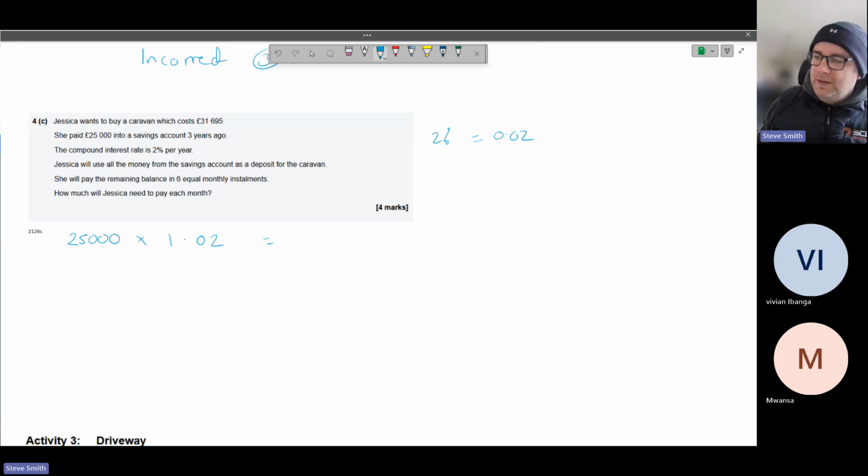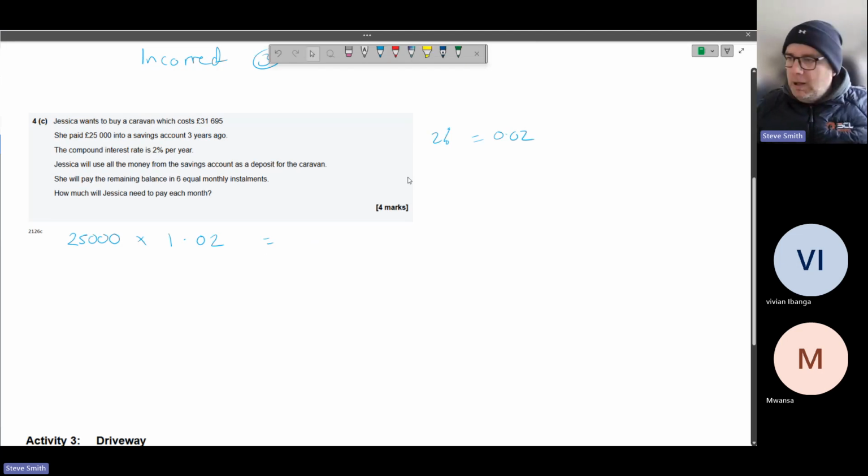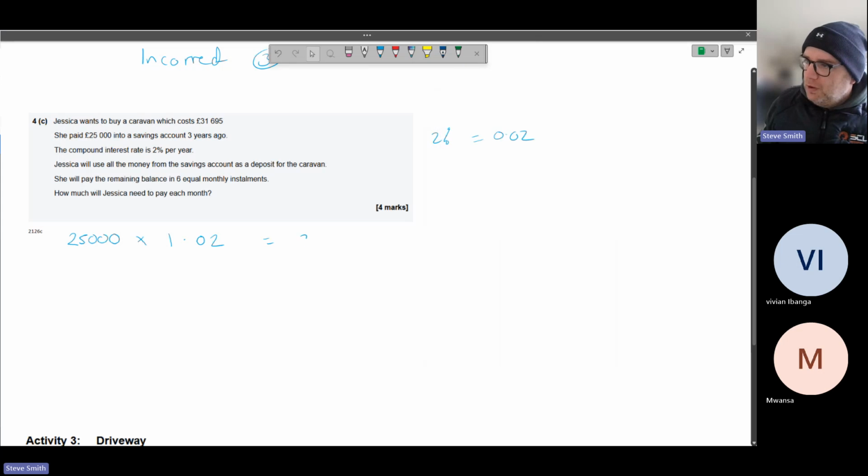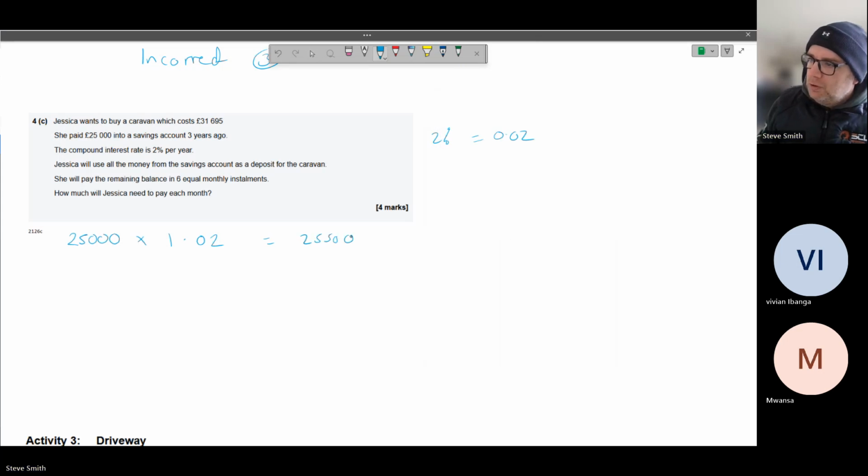And this time, if we put it in smartly and don't touch the calculator, 25,000 times by 1.02 is 25,500 for 1 year. So if we didn't have a calculator, we'd go 25,500 times by 1.02 equals.